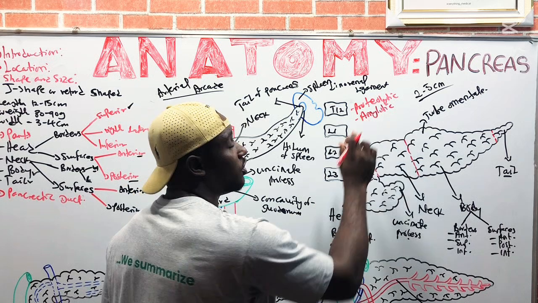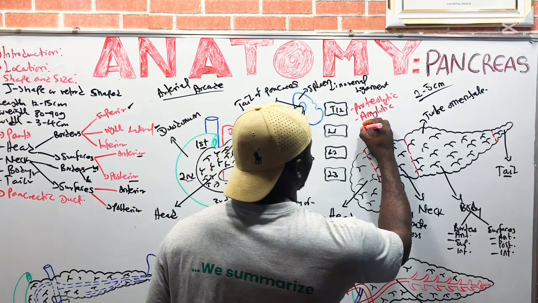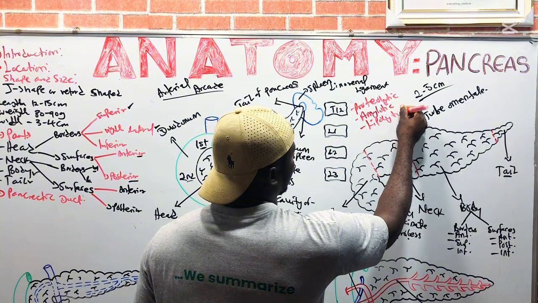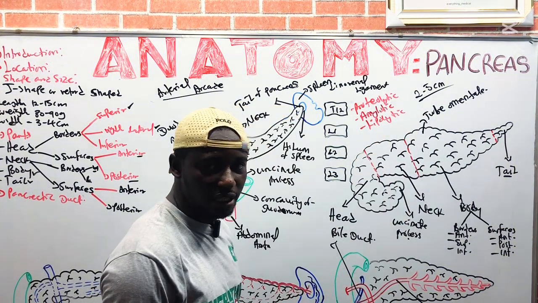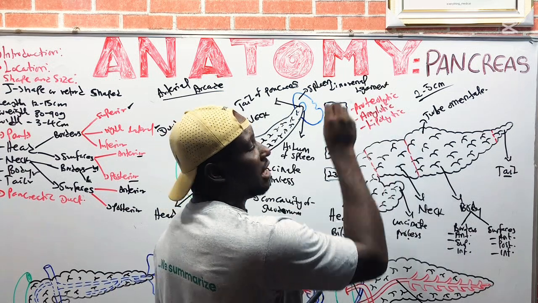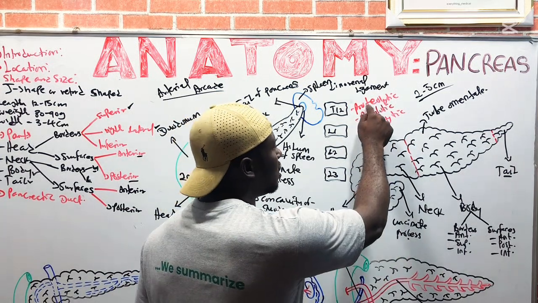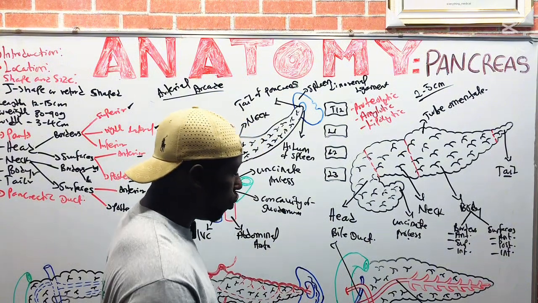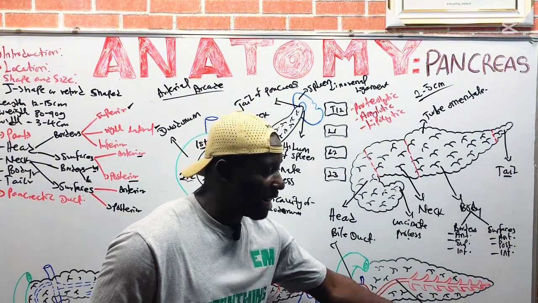Amylolytic is for carbohydrate, while lipolytic is for lipid. So the pancreatic juice contains these three classes of enzymes which digest protein, carbohydrate, and lipid, right? So let's quickly discuss the main pancreatic duct.